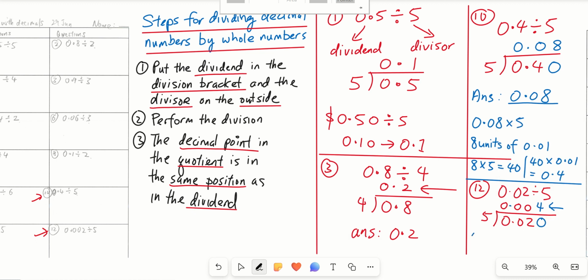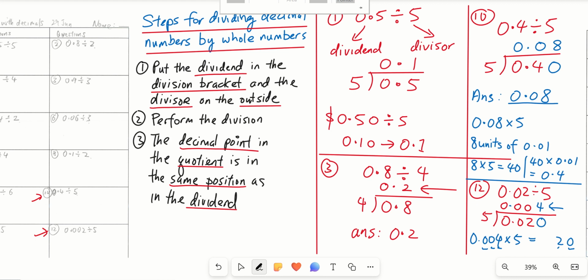Let's check. 0.004 multiplied by 5. Okay, 4 times 5 gives me 20. And my answer is supposed to have 3 decimal places.